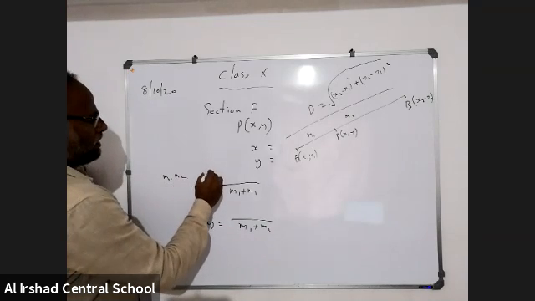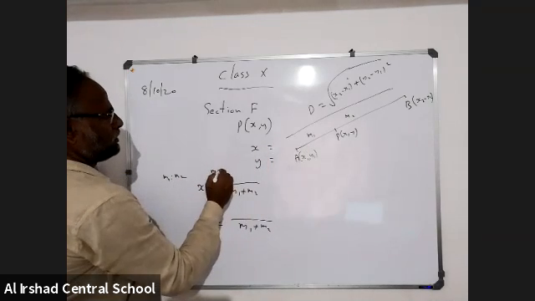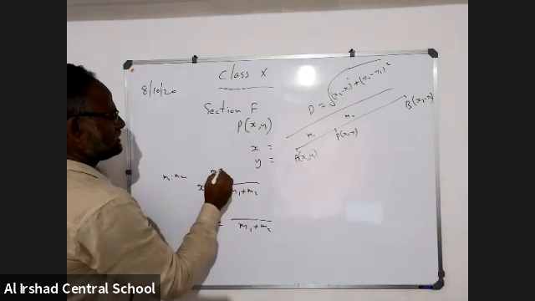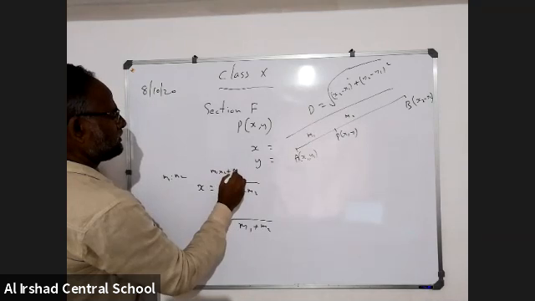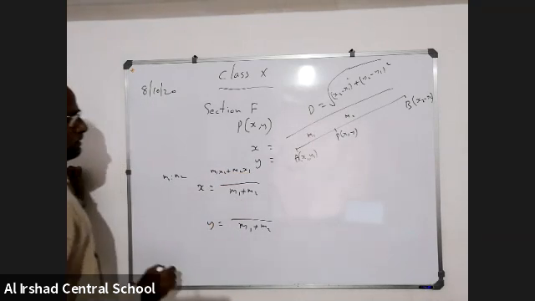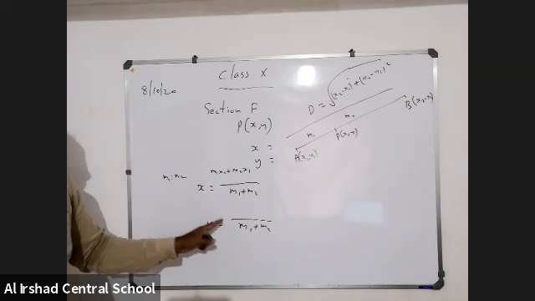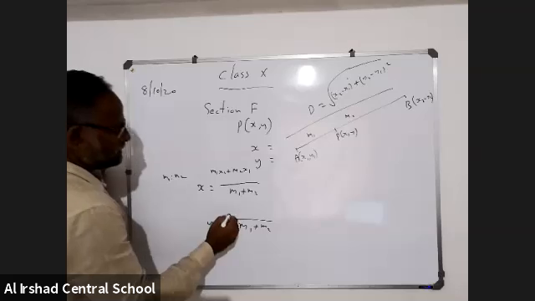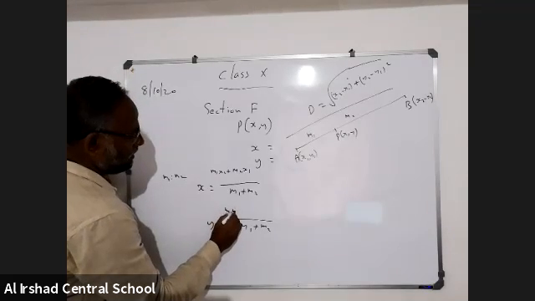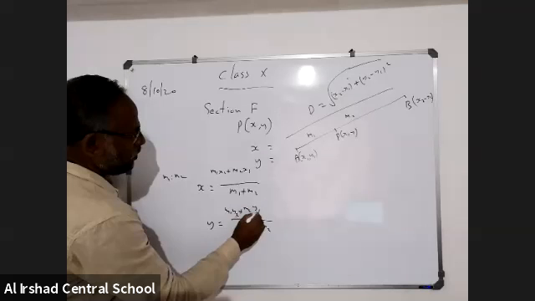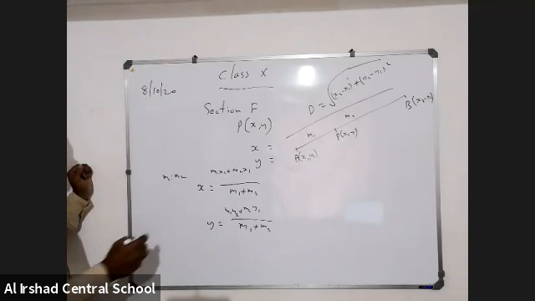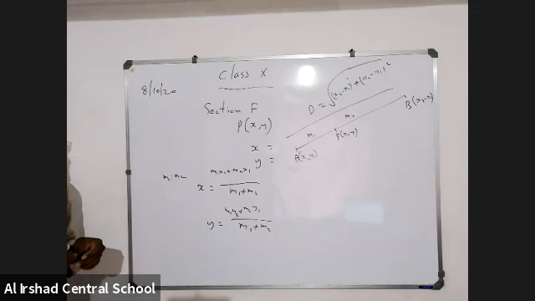Here m1 into y2 plus m2 into y1 divided by m1 plus m2. This is the x coordinate and this is the y coordinate. Am I right or not?